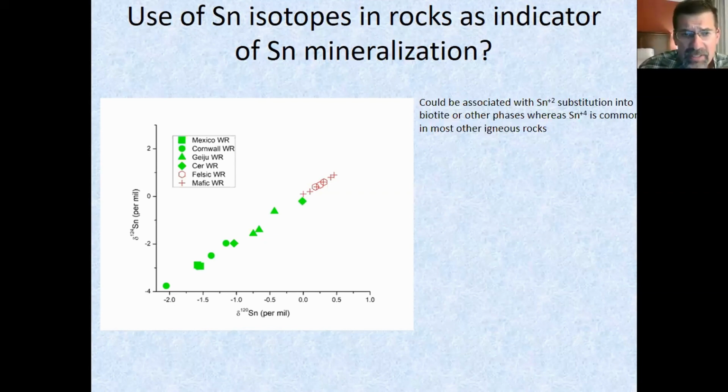And so what we were doing here is we found some very interesting relationships with redox in different tin minerals. But what I thought was interesting is that if you look at the igneous rocks associated, or thought to be associated, with tin mineralization, they are all isotopically lighter than most known felsic and mafic rocks that have been reported in the literature. So we might be able to use tin isotope values in rocks as indicators of ore process.